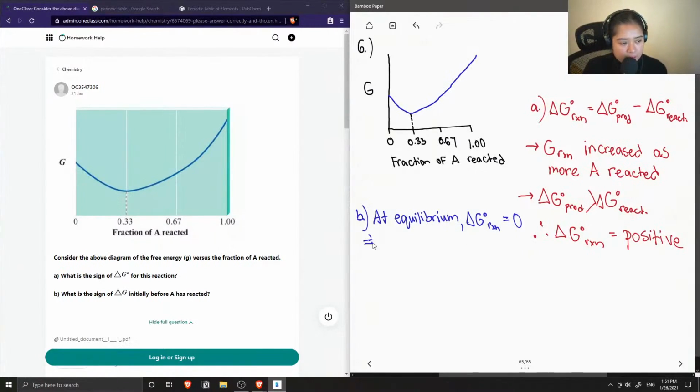And this is also the minima of our graph. It's shown here, so let me just label it.